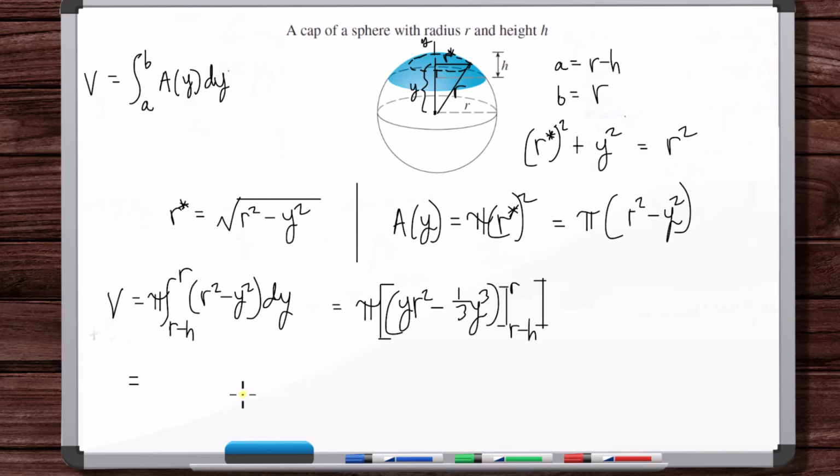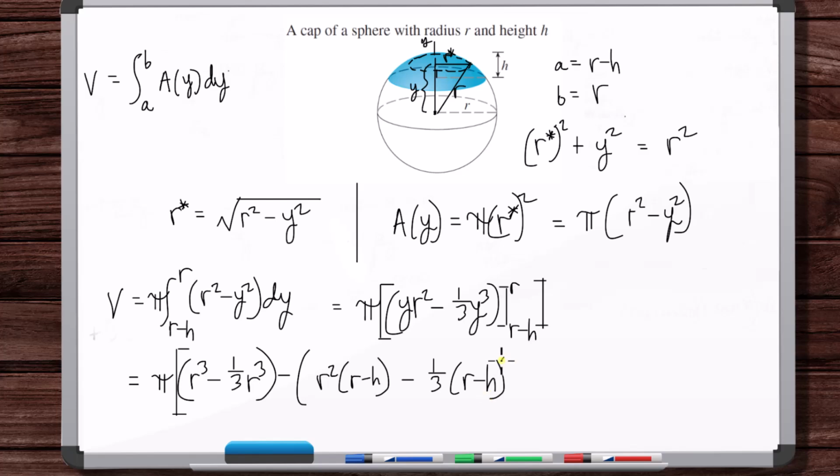Okay, so pi, now let's plug in r: r cubed minus 1/3 r cubed, minus, then we've got r squared times r minus h minus 1/3 times r minus h cubed.